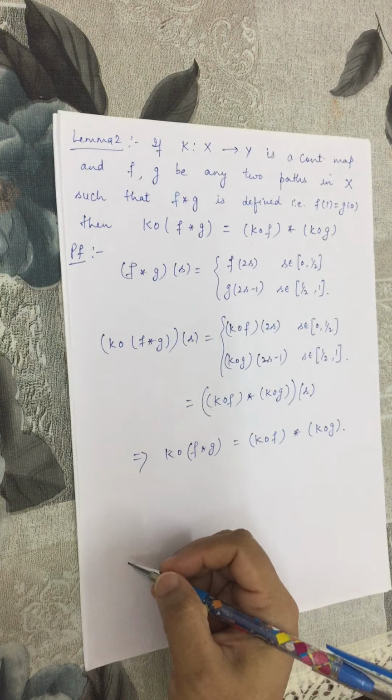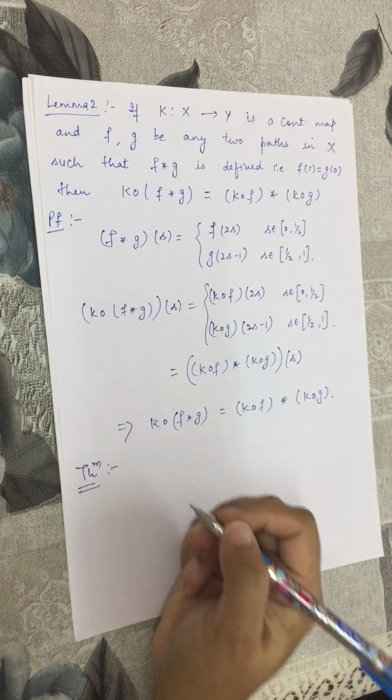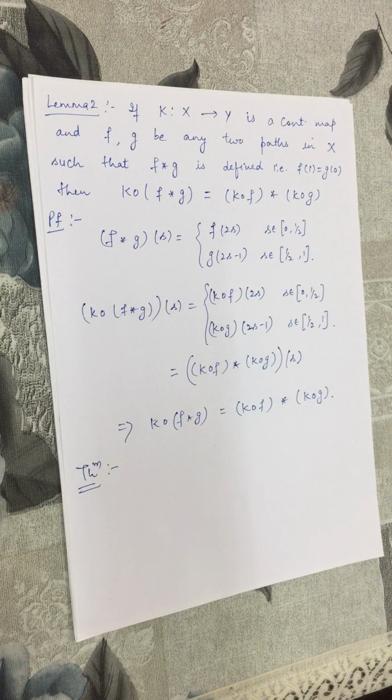So now using these two lemmas, we will prove a theorem. In this theorem, we will prove that the product of homotopy classes has an identity element.